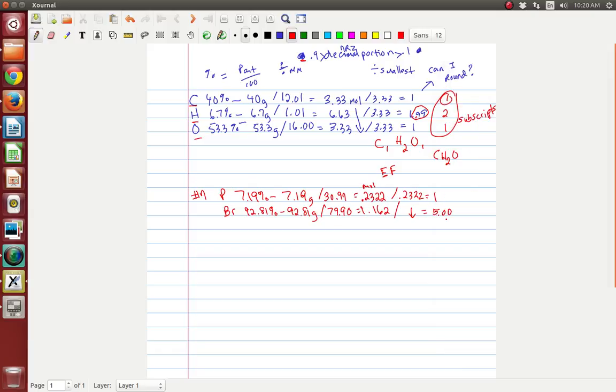I don't have to worry about rounding because that's definitely less than 0.1. So the empirical formula for this one is phosphorus 1 and bromine 5, PBr5. That's the empirical formula.